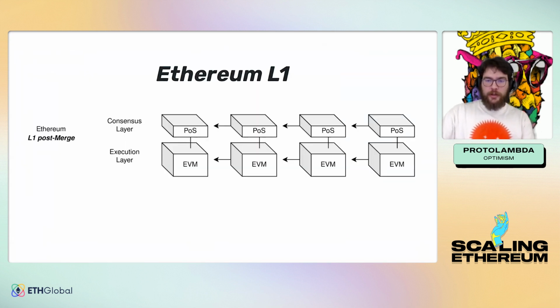So this is what layer 1 looks like today. Merge is complete. Got to remove one slide leading up to this. In the modular blockchain steps, we have a consensus layer and an execution layer now, but it's only the start of modular blockchain.